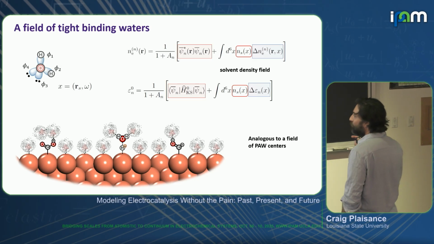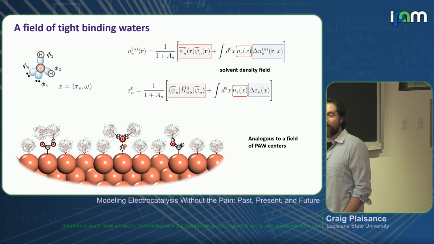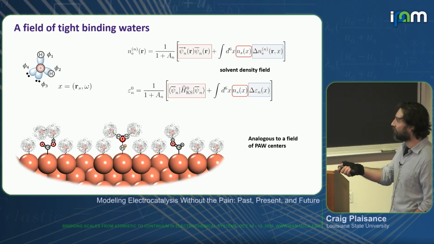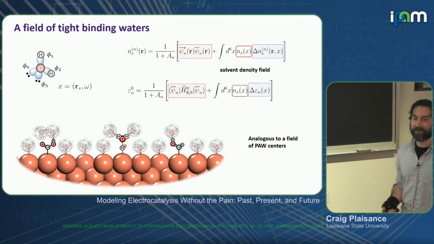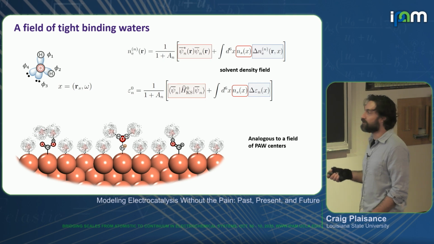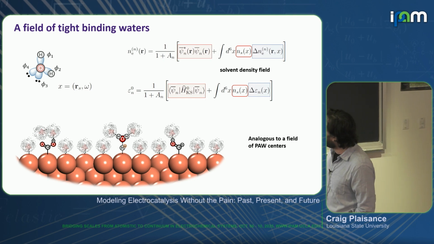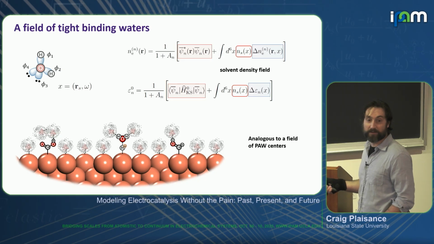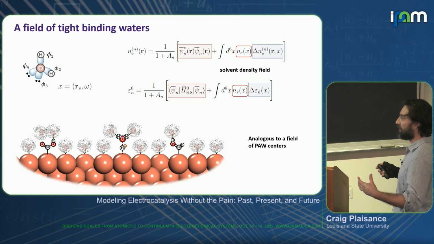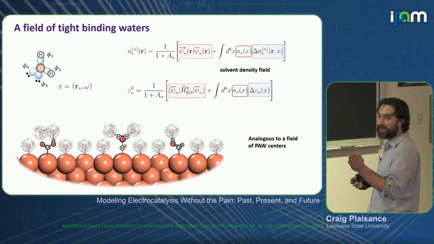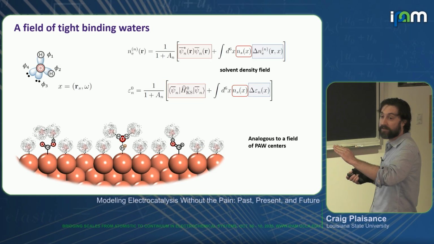That's one site, though. We've only considered a single solvation site up until now, which isn't all that useful. Now what we do is we promote all of this to a field of tight binding waters. And this is where it gets very unconventional. Instead of an occupancy of a site, we define an occupancy field at every point in space. Every point in space can have water occupied at a given probability and in a given orientation.